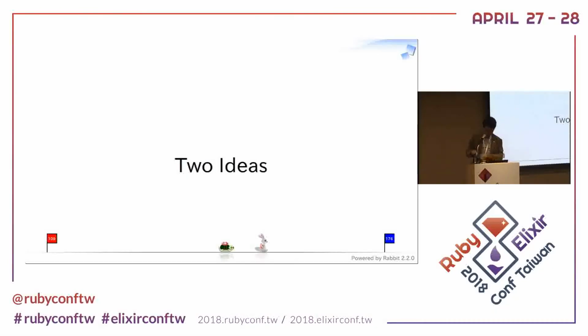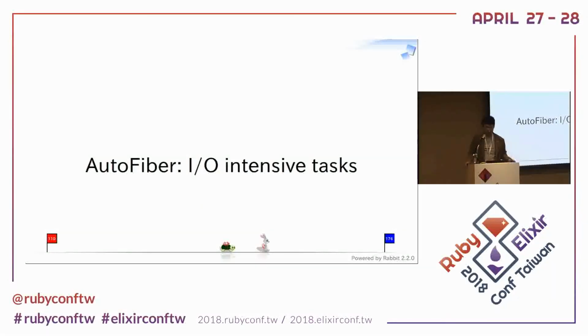So we have two ideas. There are two types of software that require concurrency. One is I/O-intensive tasks, like what Node.js handles. We are going to address that by maybe, I'm not going to make any promise here, but we have a proposal named AutoFiber.